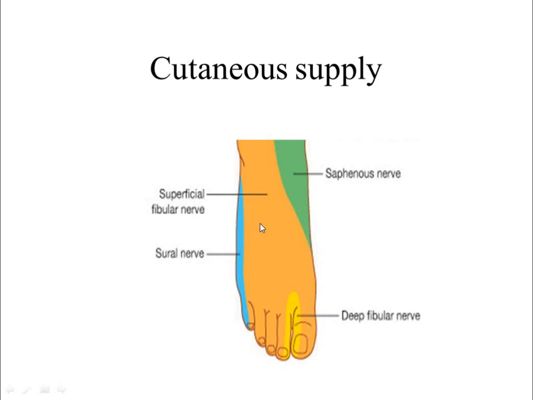The rest of the dorsum of the foot is supplied by the superficial peroneal nerve. The saphenous nerve comes till a little anterior or a little distal to the medial malleolus.